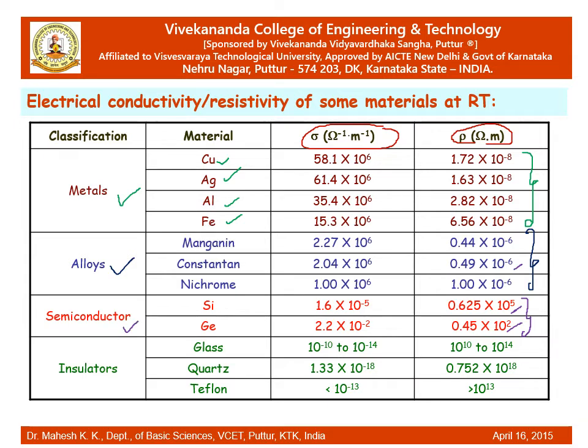Typically, these values are for silicon and germanium. Now if you consider insulators, their resistivity is very high, around 10 to the power 10 to 10 to the power 14. Examples are quartz, glass and Teflon, which form typical insulators.